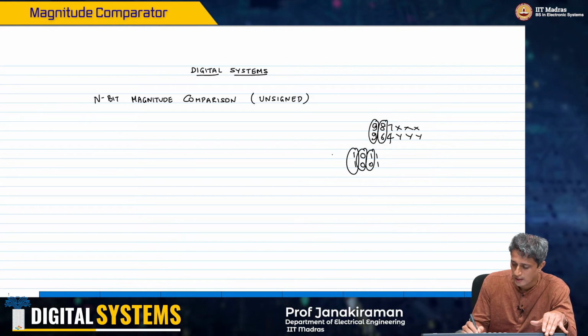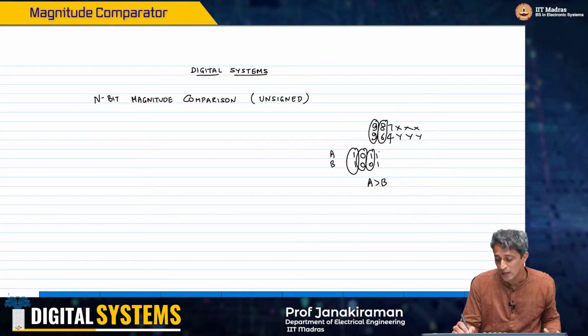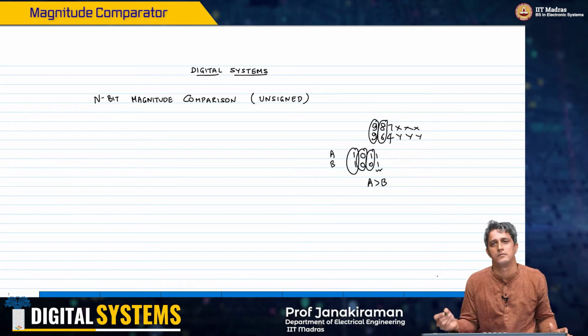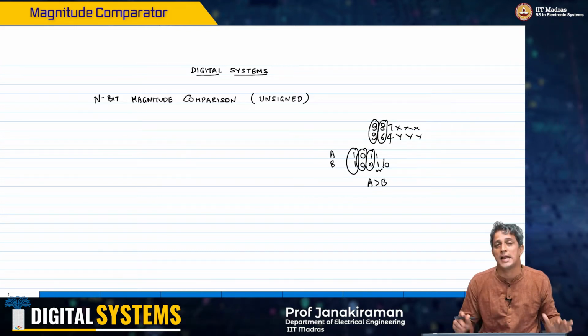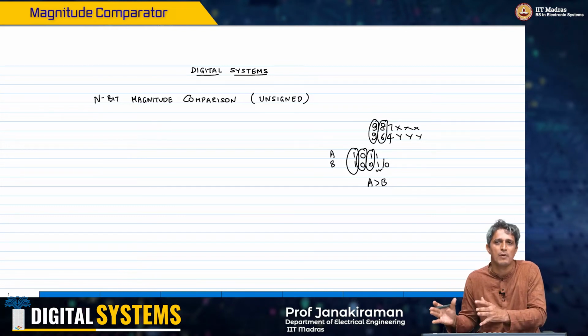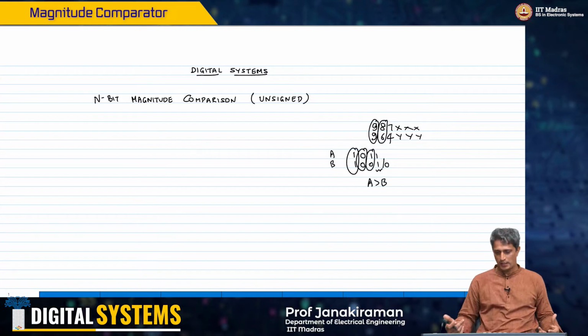Then you come here, this is A and this is B, and at this point you just declare that A is greater than B. The key point is it does not matter what the remaining bit of B is, whether it is 1 or 0. This is exactly the same idea that we are going to carry forward into the comparator.